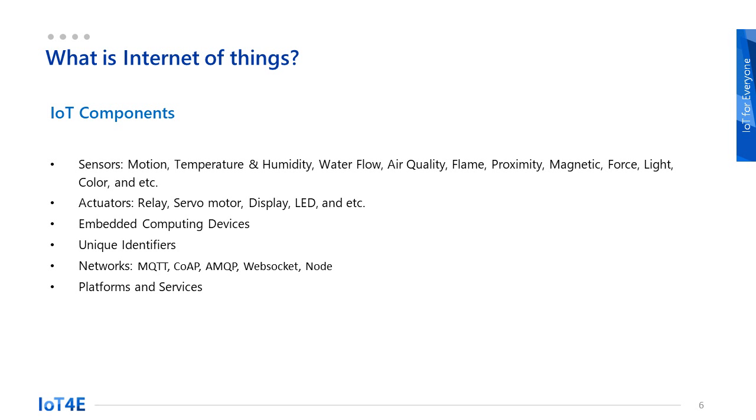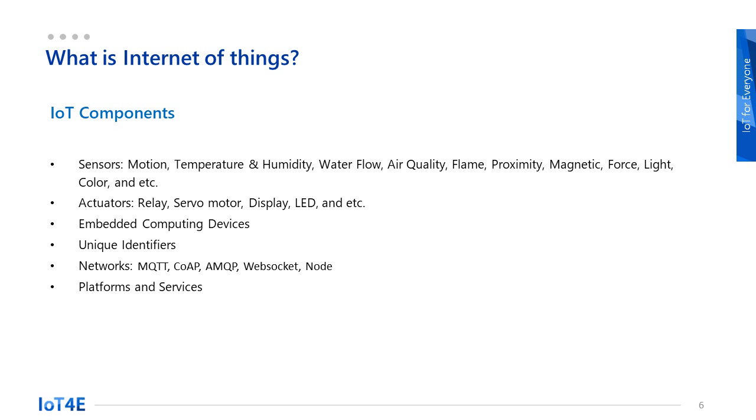Networks. IoT devices are tied together by networks using various wireless and wired technology standards and protocols to provide connectivity. MQTT, WebSocket, Node, Wi-Fi, Bluetooth, and others can be used with IoT. Not all devices may need to be connected to the Internet independently. Rather, a cluster of devices could be created and the base station, or the cluster head, could be connected to the Internet.